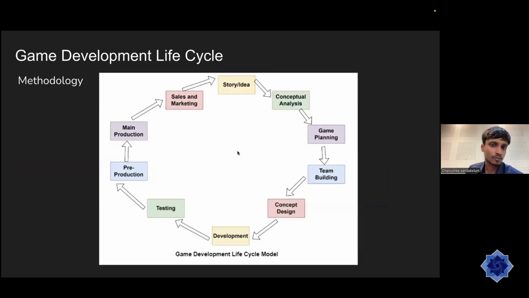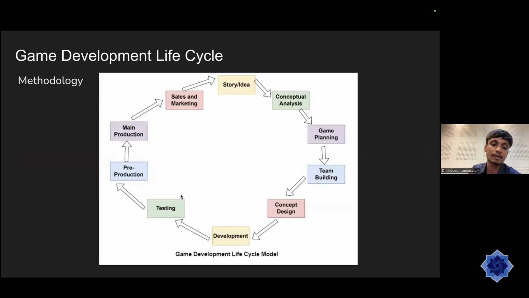Right. So the game development life cycle. These are engineering concepts. Like we do in traditional software engineering development, there is a way we develop computer games. For example, we first come up with a story and idea, and we plan the game, build a suitable team, and start the development. And when we are developing, we keep testing.